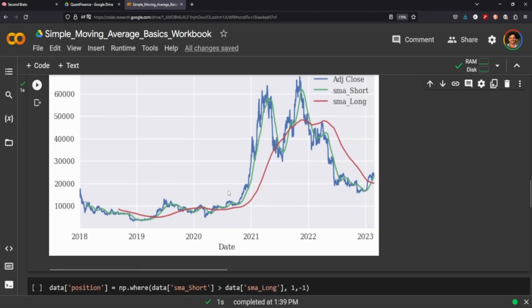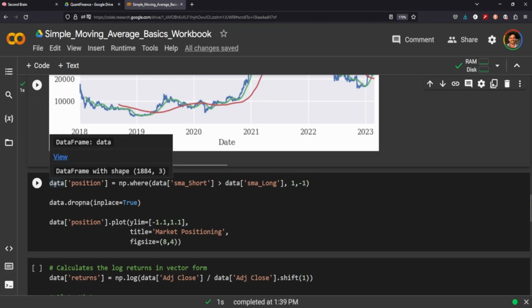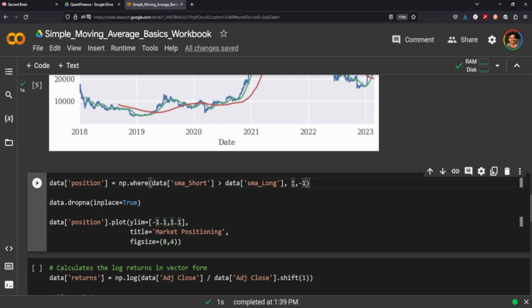So what we need to do is create that position signal, where when the short moving average is greater than the long moving average, you put a 1, otherwise it's a -1. So in the vice versa instance, the position is short. 1 is long, -1 is short.